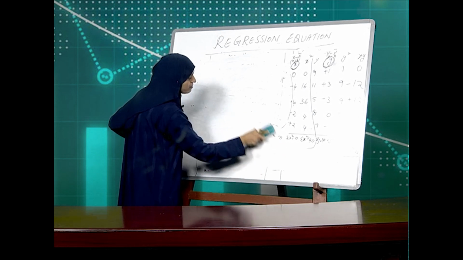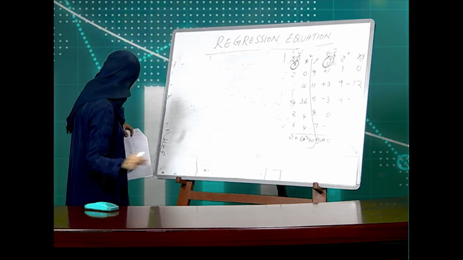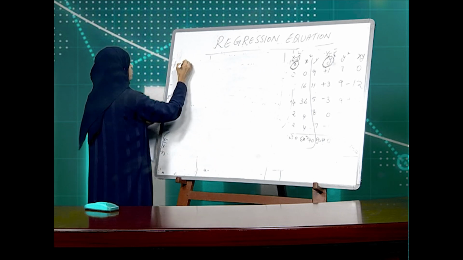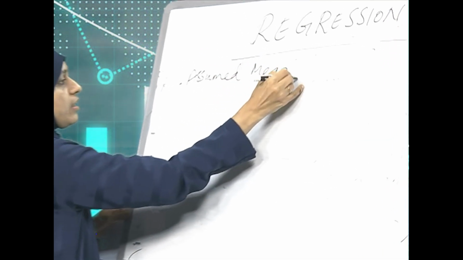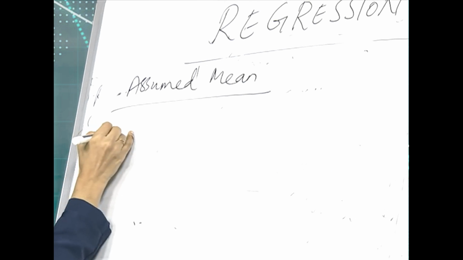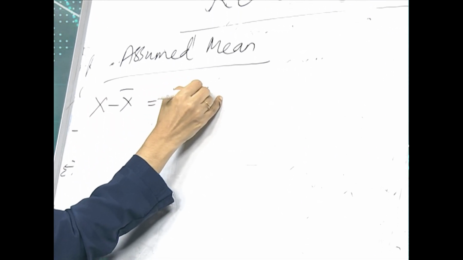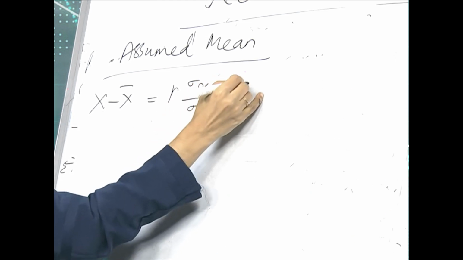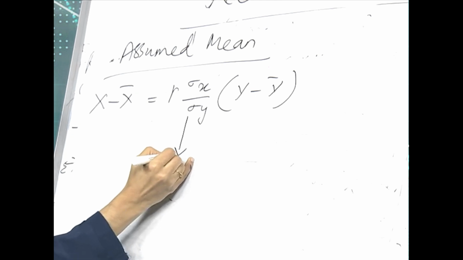So, let us take the same values that we took for x and y and then try to see how it works there. So, deviations are taken from the assumed mean. Now, when deviations are coming from the assumed mean, you get it as R, deviation is taken, and here y minus y. The formula remains the same, but how do we get this?